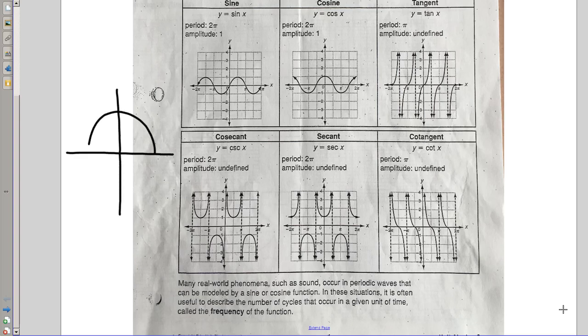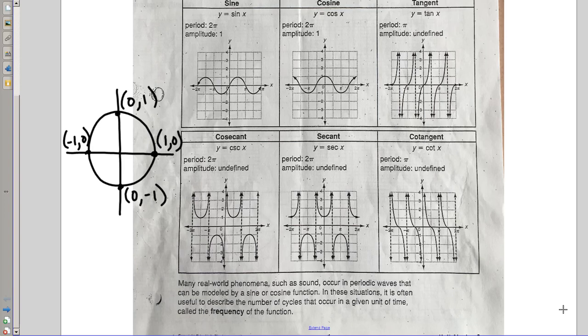But like tangent, which has some undefined values, we have to consider that you will have some undefined values with cosecant and secant, because there are times when sine and cosine are 0.